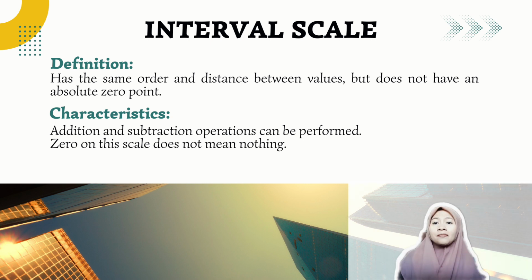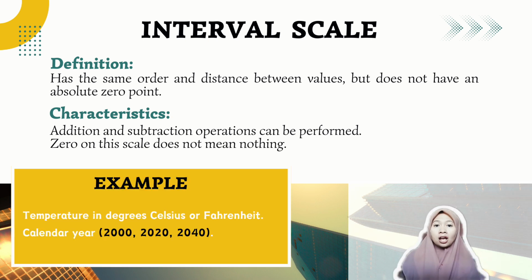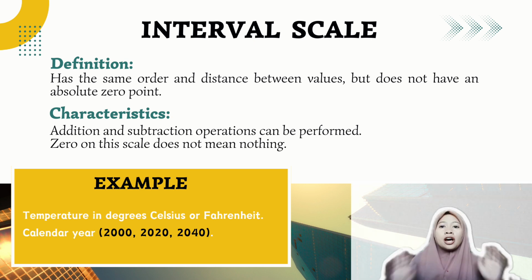However, an interval scale doesn't have an absolute 0 point, meaning that 0 doesn't represent the absence of a value. For example, on the Celsius temperature scale, 0 degrees doesn't mean no temperature at all. It is just a reference point.